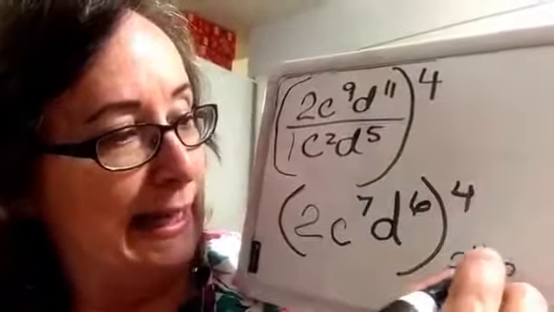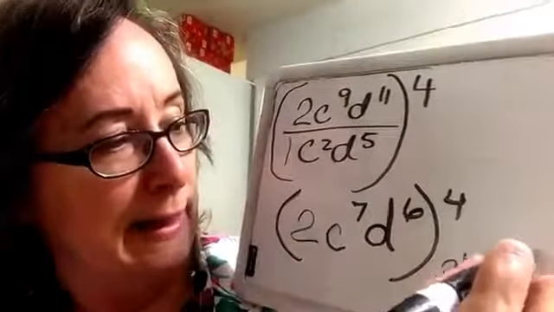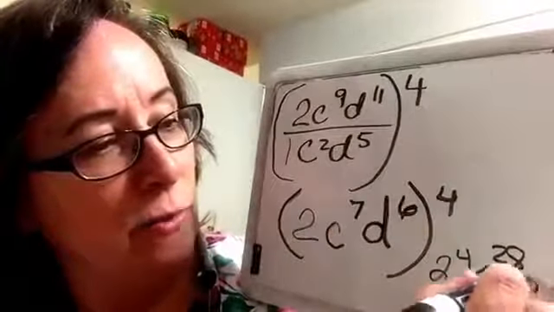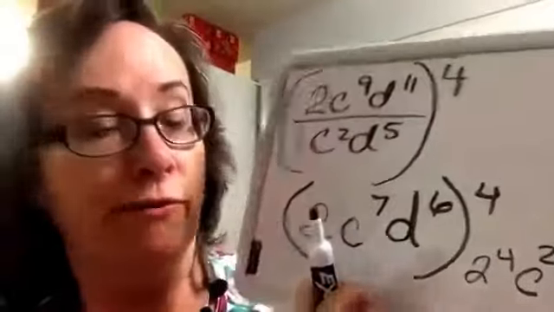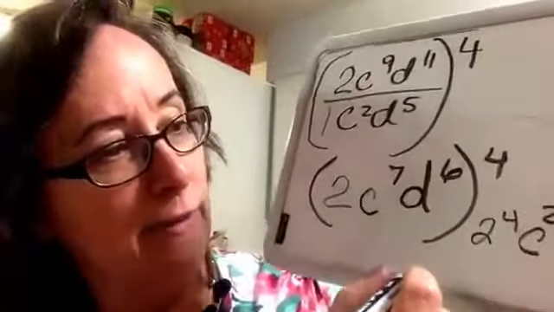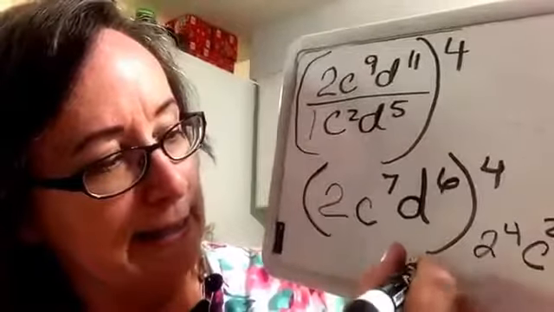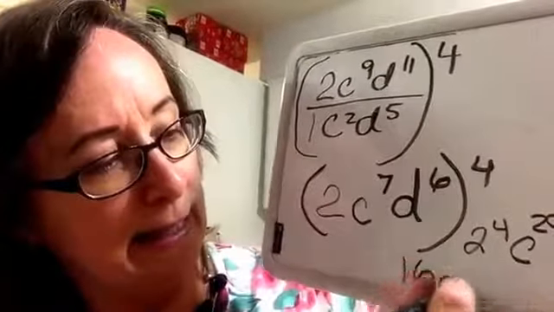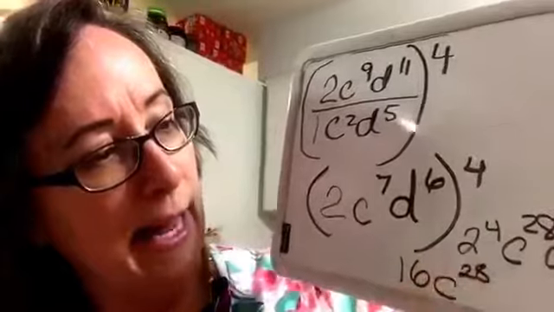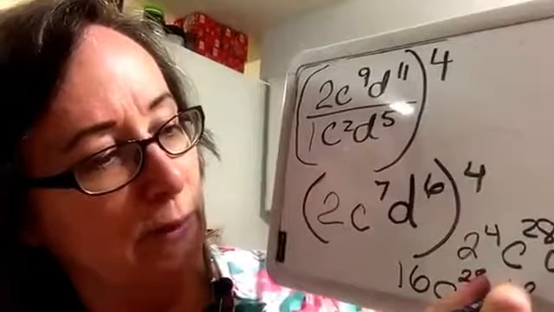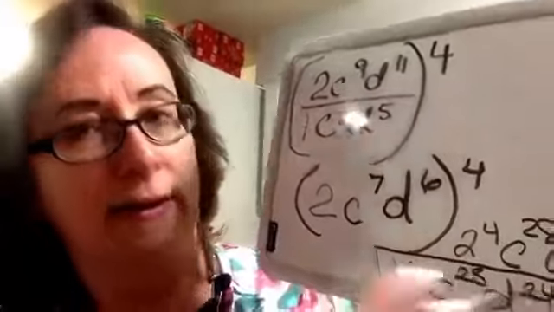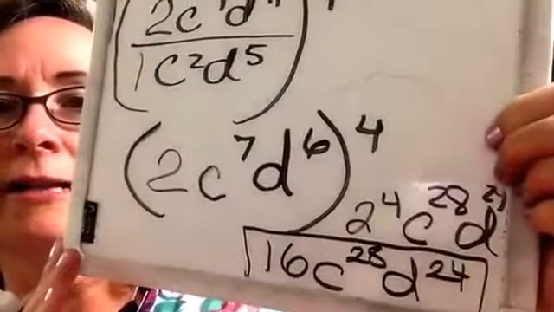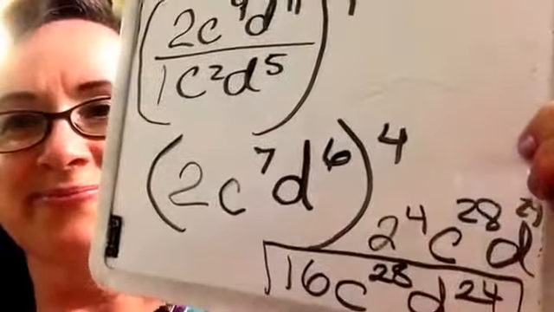So I get c to the 28 and d to the 24. Out of room. And 2 to the 4th is 16. So my final answer is 16, c to the 28, and d to the 24. All right, so there's our answer there at the bottom.